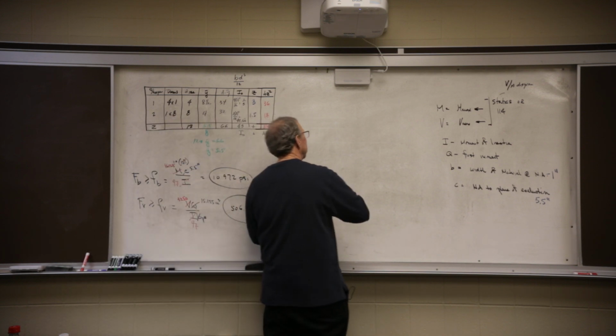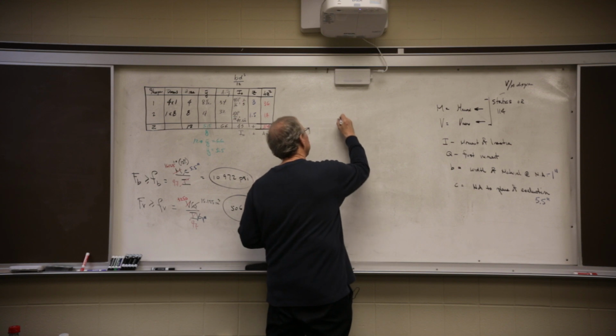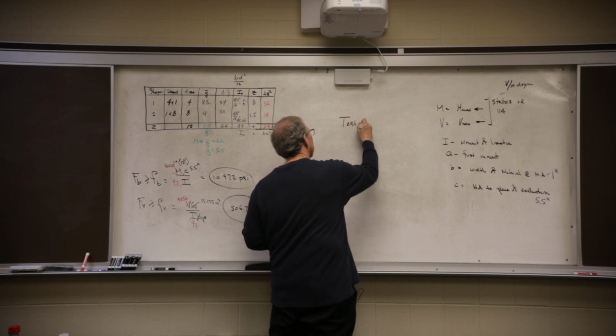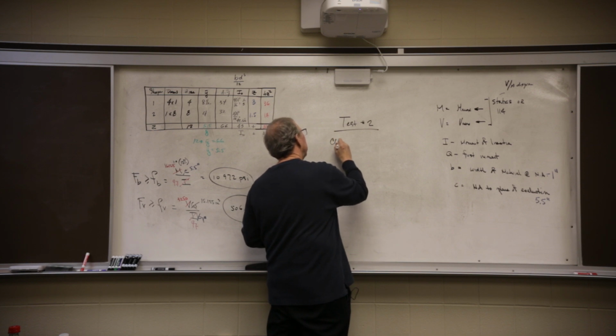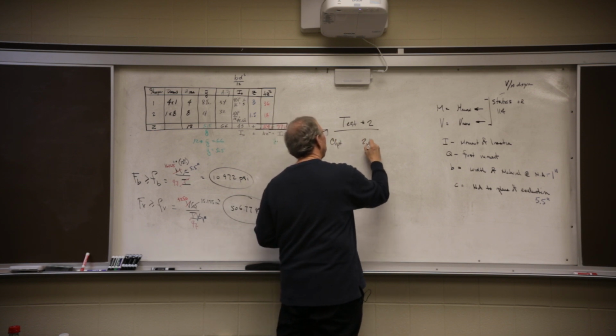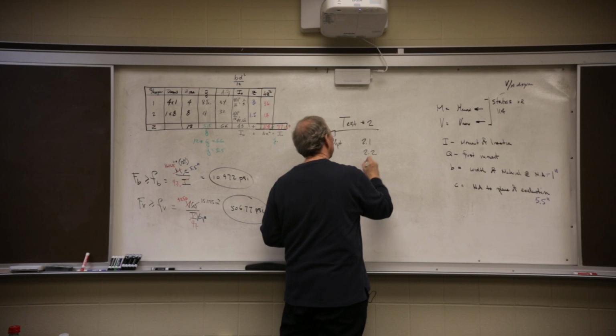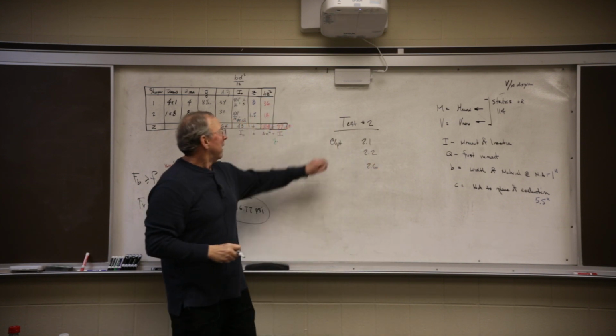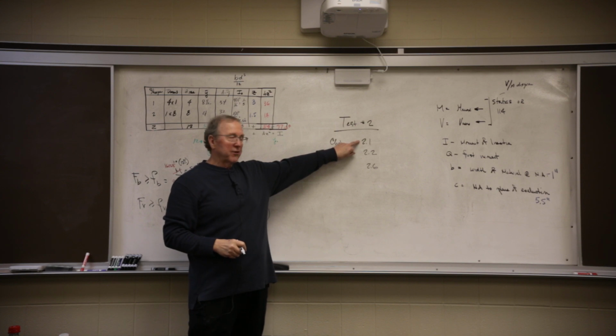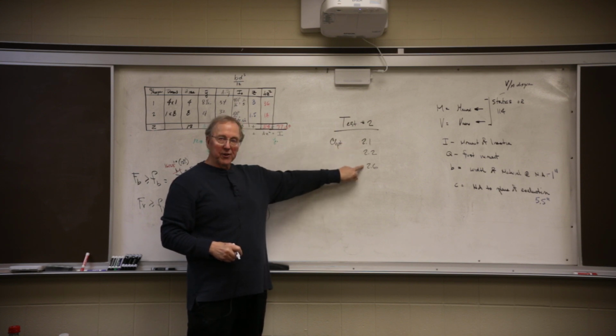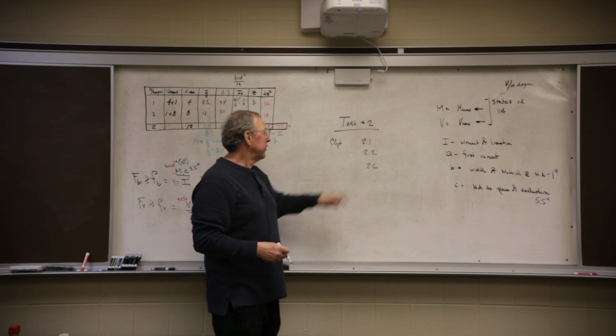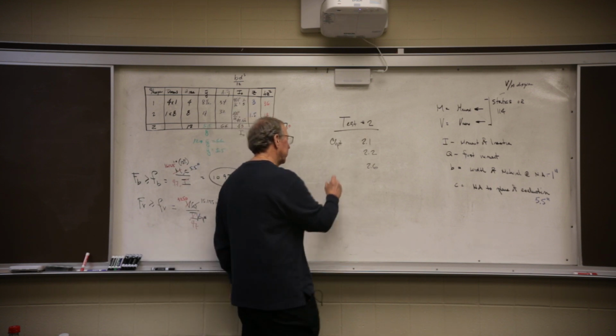Test 2 is going to be Chapter 2 and Chapter 3. Chapter 2 is going to be 2.1, 2.2, and 2.6: axial stresses, axial deformation, trusses, member forces, reactions, and joints.